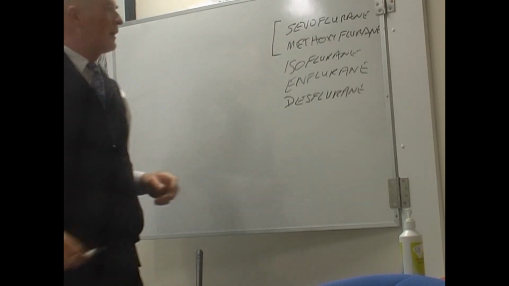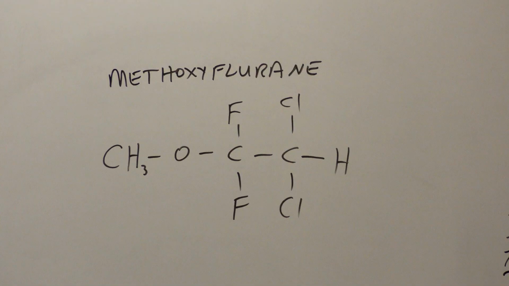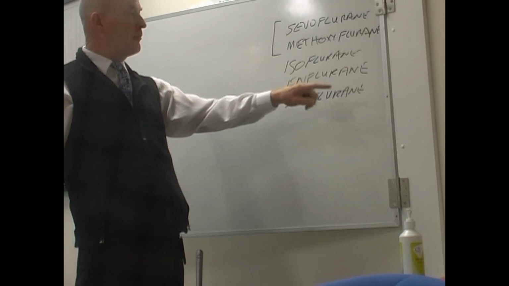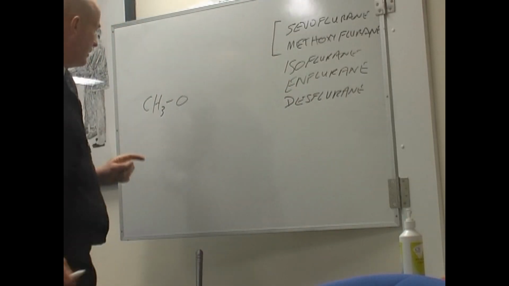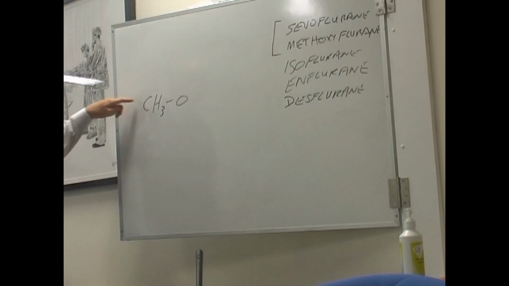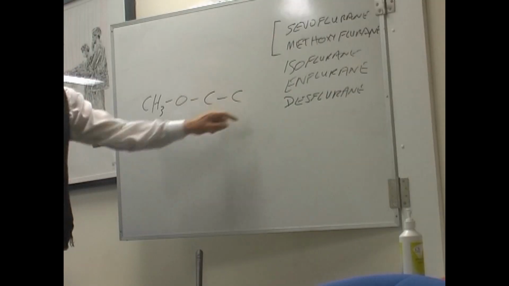Now methoxyfluorane actually tells you its structure from its name. So methoxy is simply a CH3O. And all these agents, except these 4, are all methyl ethyl ethers. Okay? So methoxyfluorane is a methyl ethyl ether. So there's the methyl component, and the ethyl component's there.